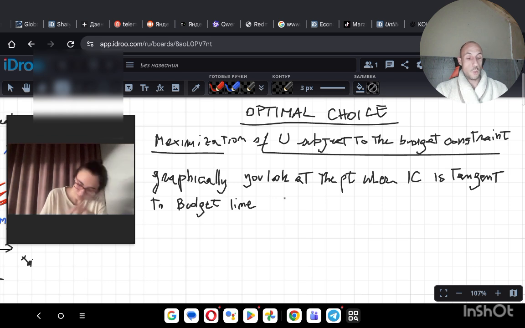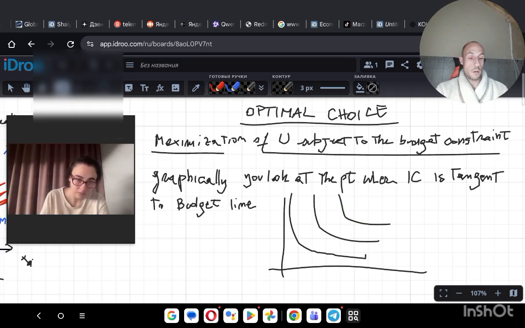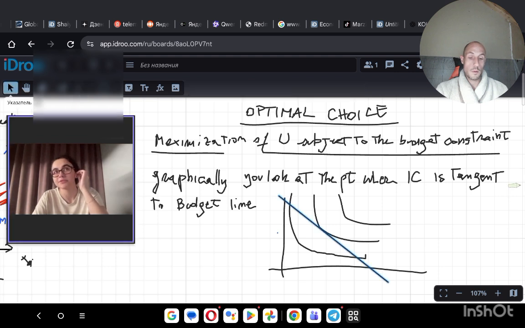Graphically, we draw our indifference curves, and let's say that our budget line is like this. No, let me draw it like a line, please, like this.